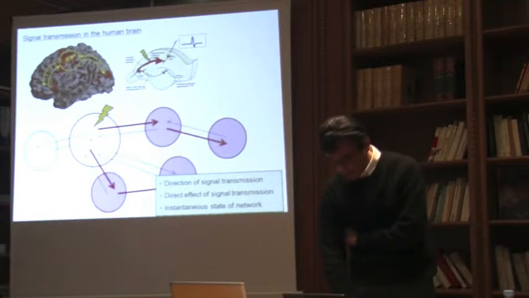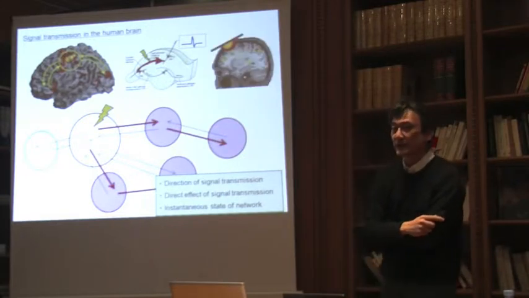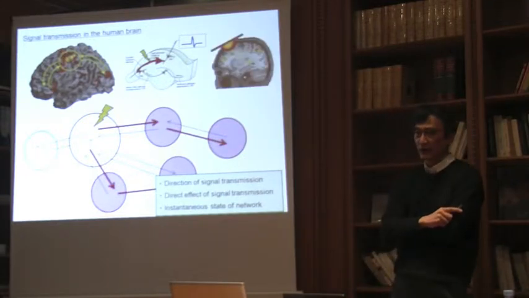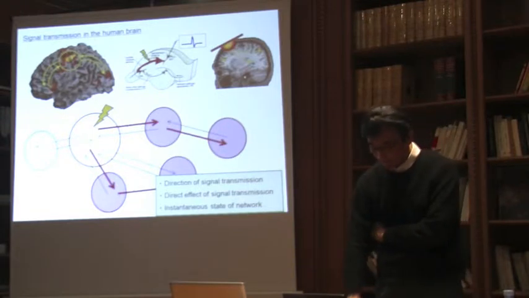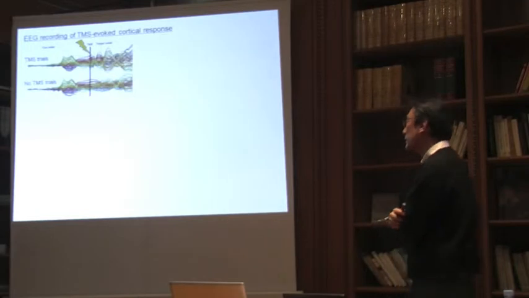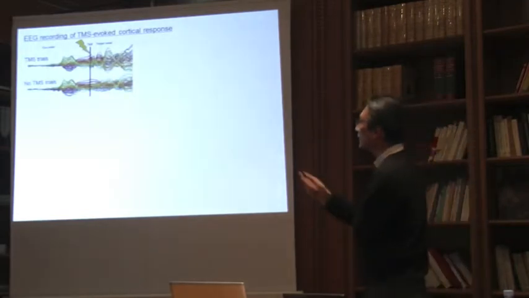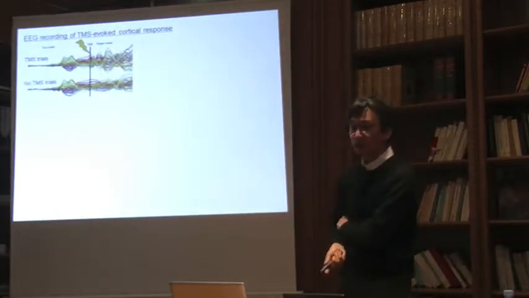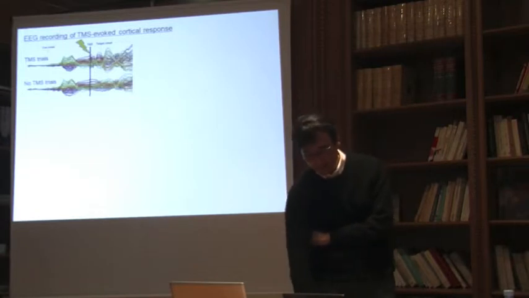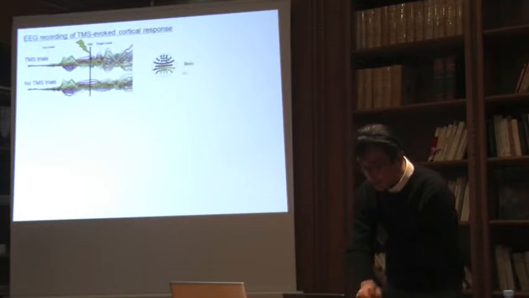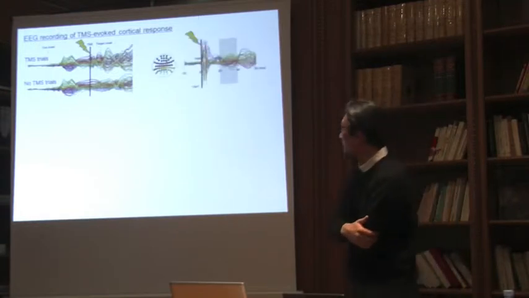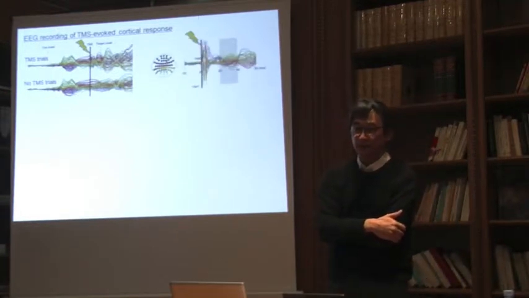Now, we use TMS and EEG for recording the stimulus-evoked response. And here's the EEG waveforms on TMS trials and no TMS trials. And each color indicates the location of the electrodes shown on the scheme.